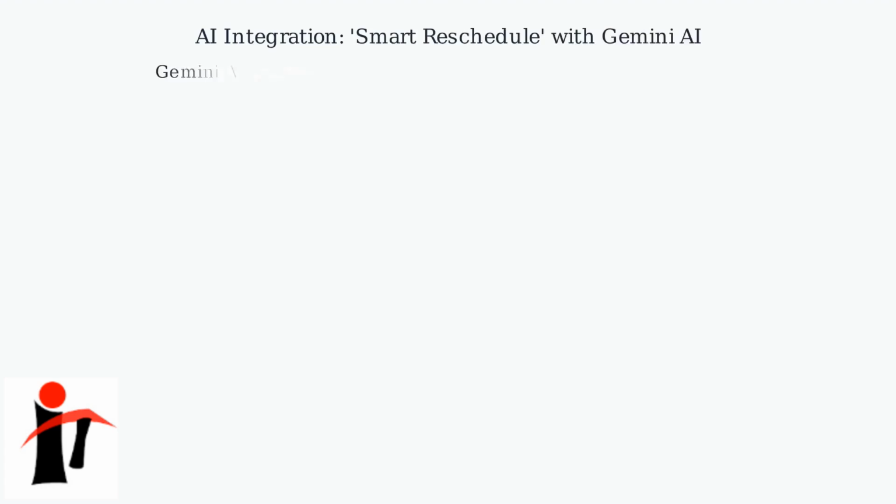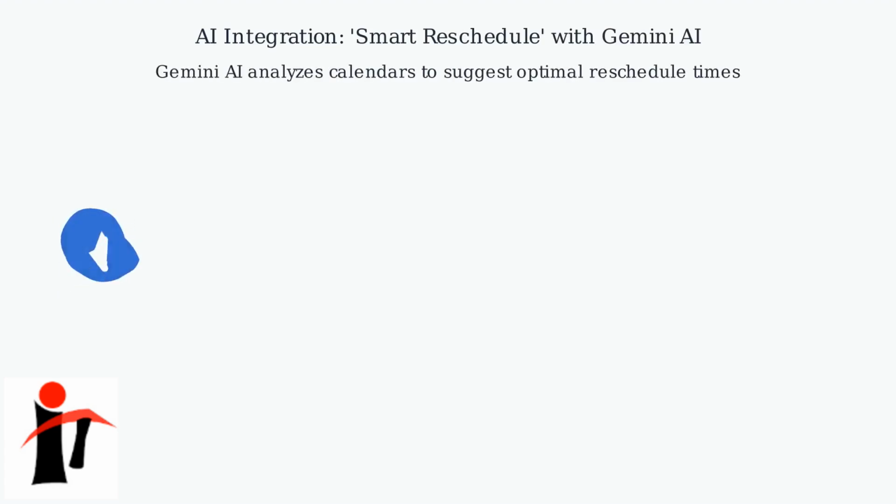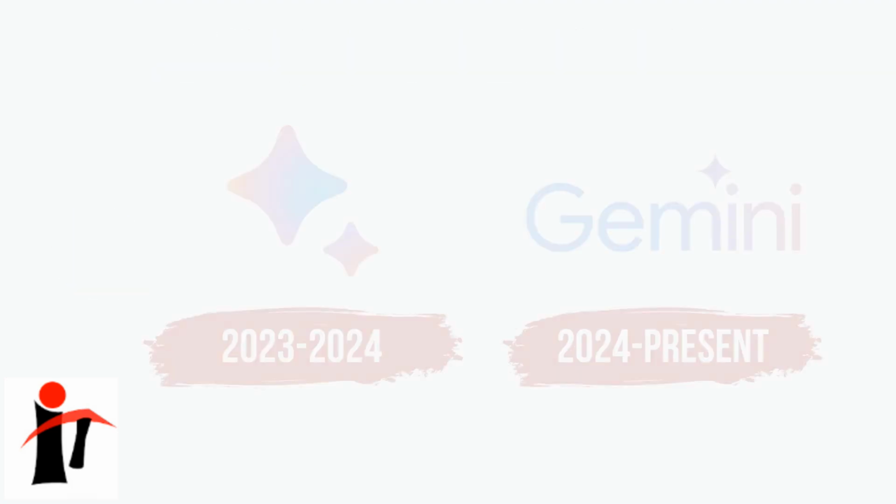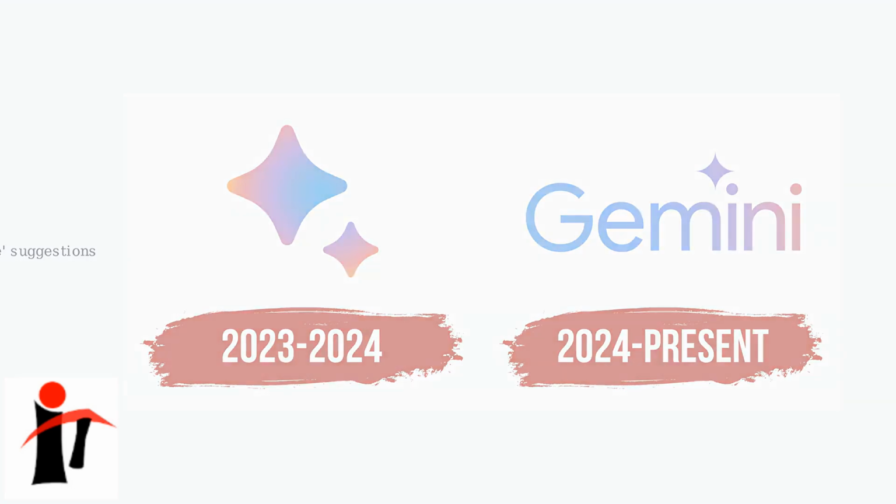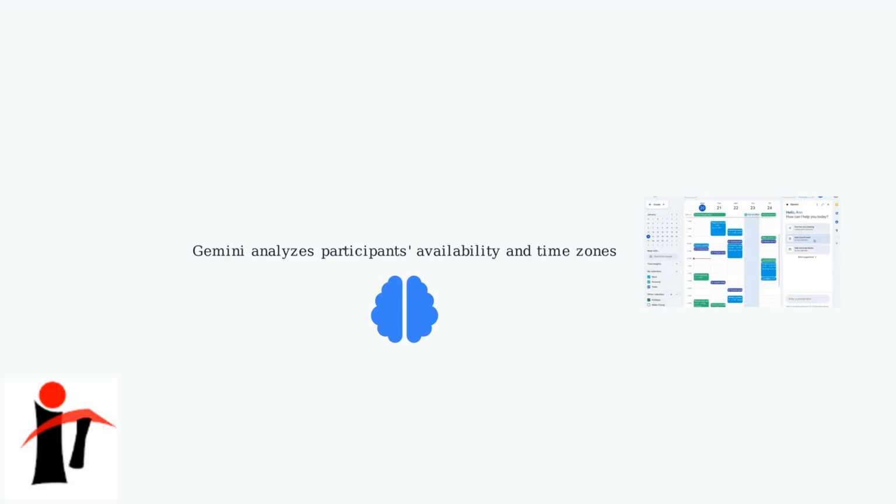Google Calendar now integrates with Gemini AI, Google's advanced AI assistant, to help with rescheduling meetings. Introduced in 2024, Gemini AI brings intelligent assistance to Google Calendar through the Smart Reschedule feature. When rescheduling, Gemini analyzes the calendars of all participants to understand their availability across different time zones.